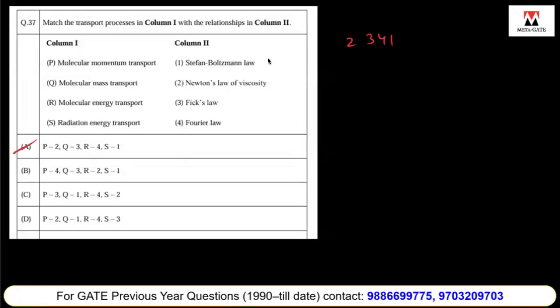Now the formulas. The Stefan-Boltzmann law gives the total radiation energy emitted by a black body in relation to its temperature: E equals sigma A T power 4.